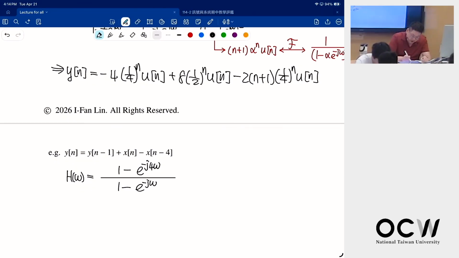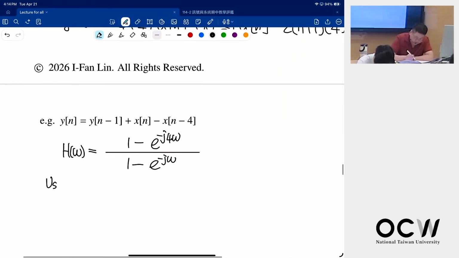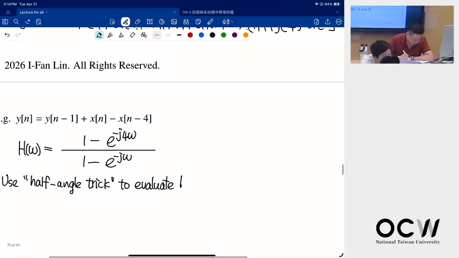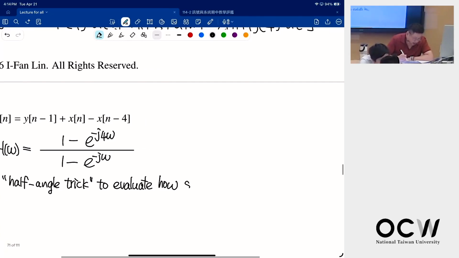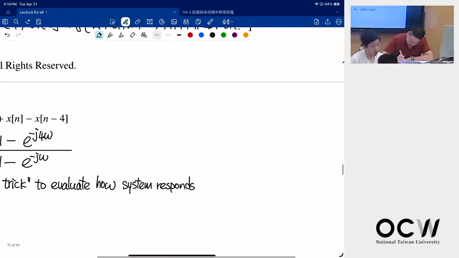Again, we can use the half angle trick to evaluate how the system responds at different frequencies.